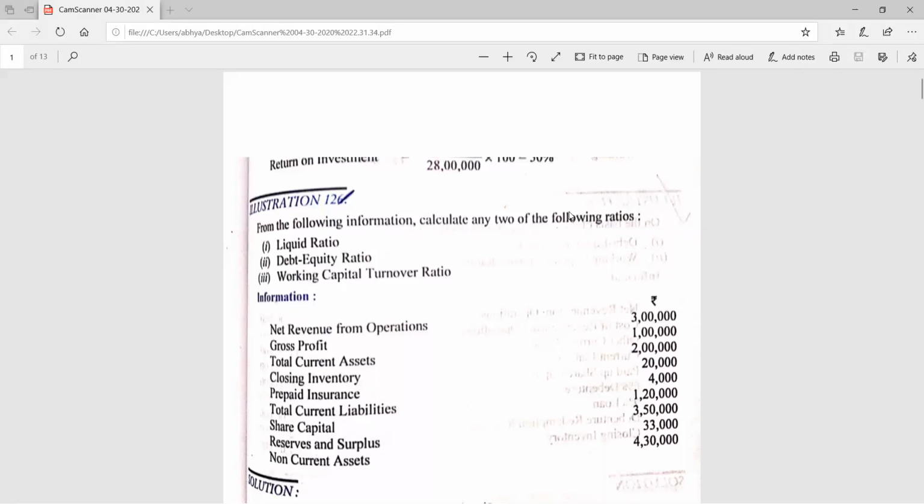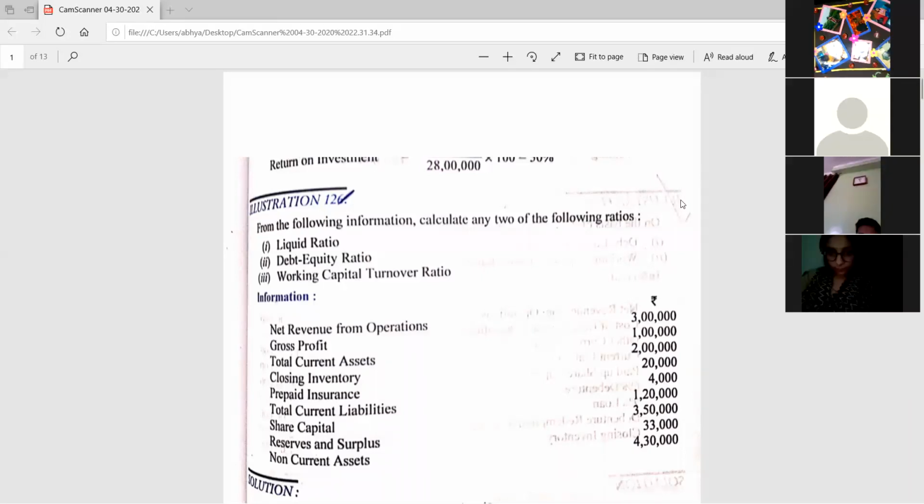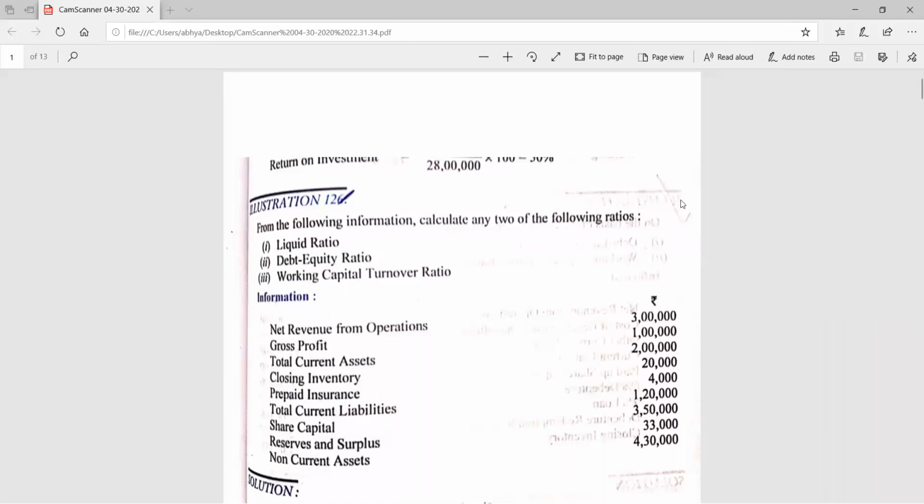Liquid ratio, the formula is liquid asset upon current liabilities. Debt equity ratio, the formula is debt upon equity. And working capital turnover ratio, the formula is RFO, revenue from operations, upon working capital.